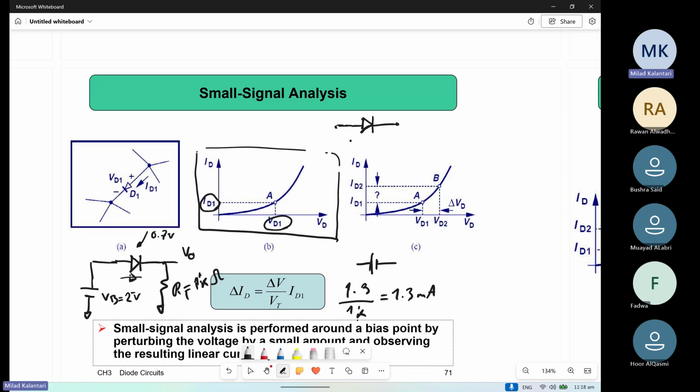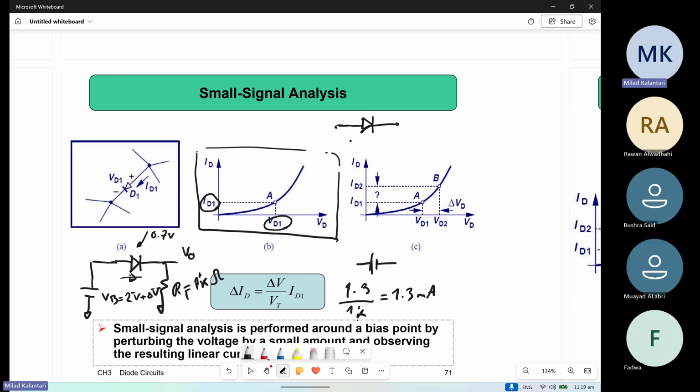Then we want to know how the output changes once we apply a small variation at the input, let's say delta V. If we are not accurate, we do the same calculation again: 2V plus delta V minus 0.7, divided by 1K, is the current.